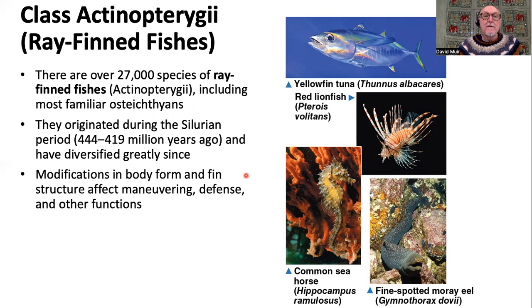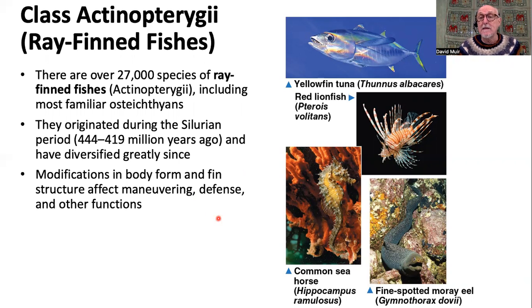They arose during the Silurian period, which is about 450 million years ago, somewhere around about there. And they've become extremely diverse, occupying many different habitats, all of them aquatic. And they actually evolved in freshwater and diversified into marine habitats.